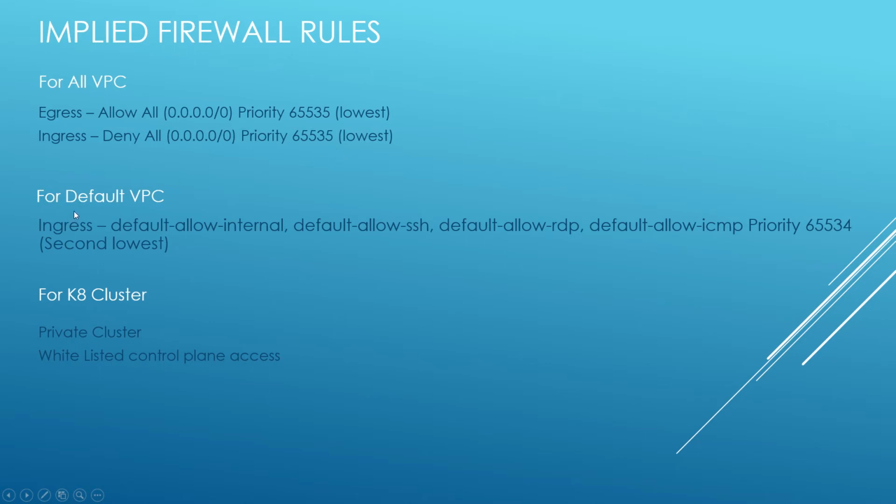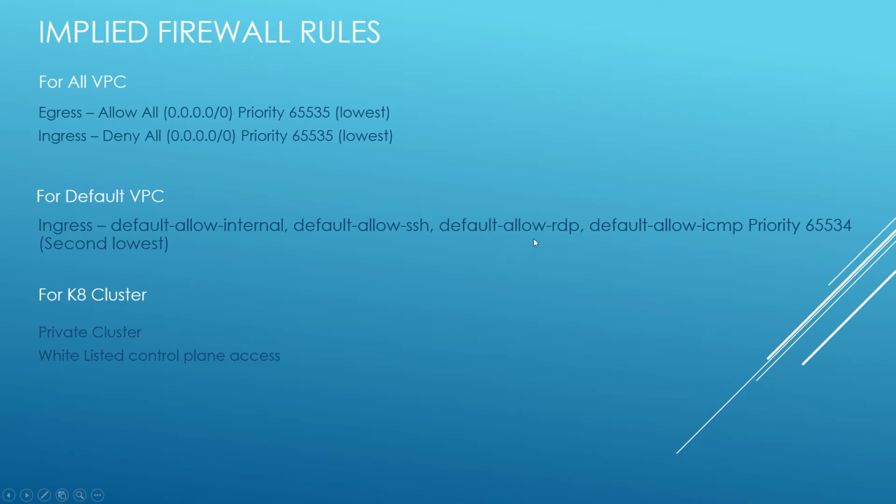Now let's have a look at the default VPC firewall rules. There are four firewall rules with the default VPC. The first one is ingress default allow internal. That means all the internal traffic is going to be allowed by default. The next one is allow SSH, if you want to do SSH into your Linux instances.